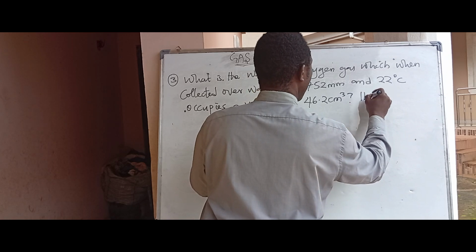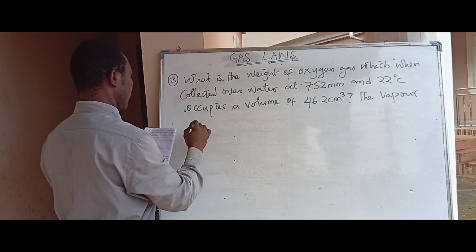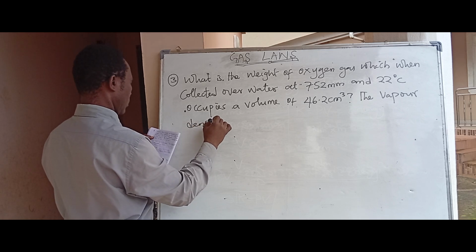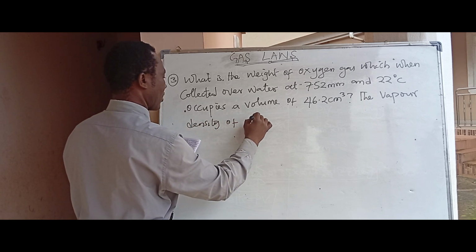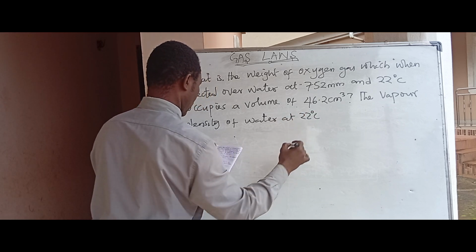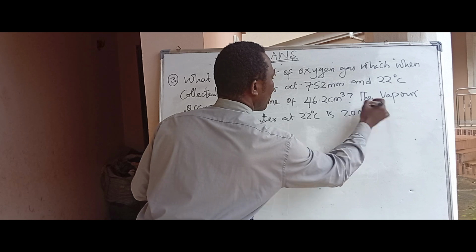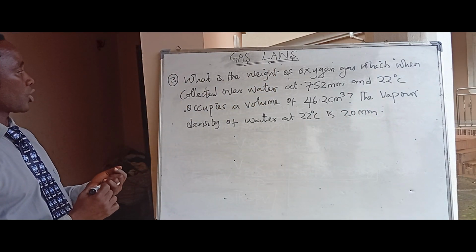The vapor pressure of water at 22 degrees Celsius is 20 millimeters. Okay, that is the third question.